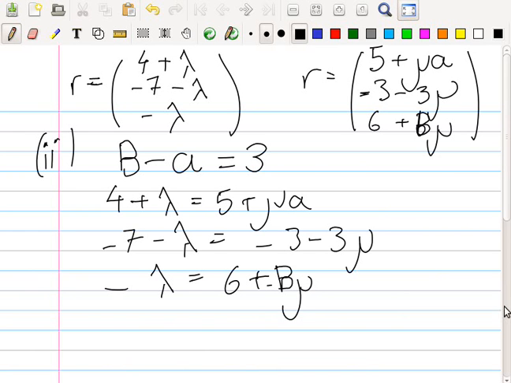So the first thing you do is, let's write down the variables in each one. Because I'll try and make this as clear as possible. So the first one has an A and a B in it. The second one has an A, a mu, and a lambda. The third one has a mu and a lambda. And the last one has a mu, a lambda, and a B.